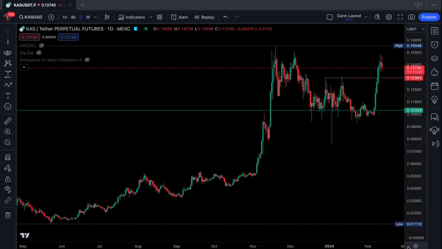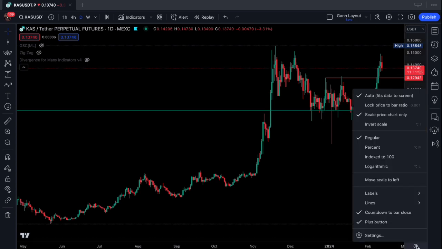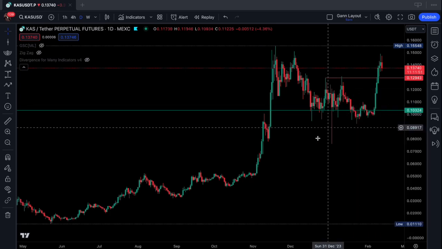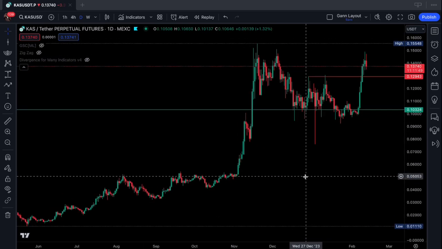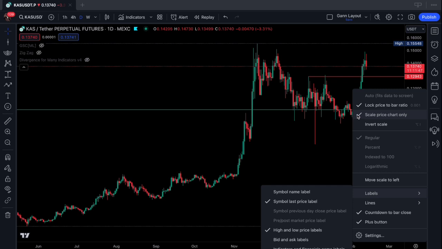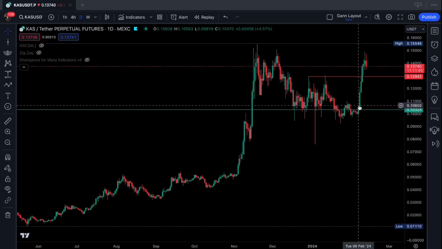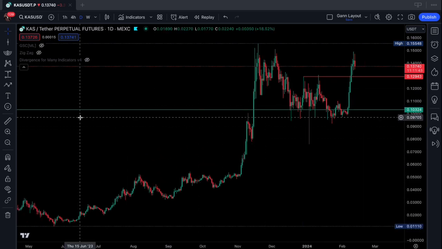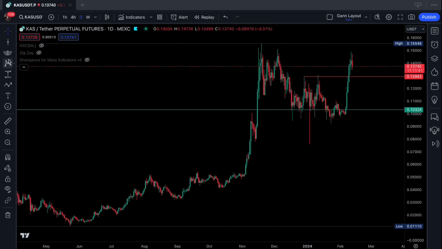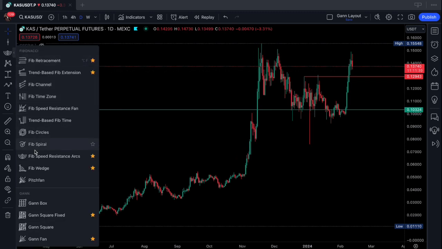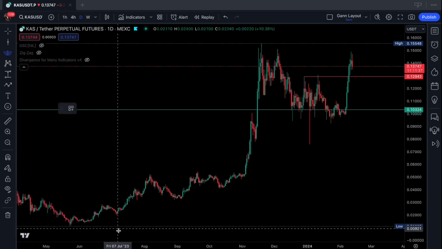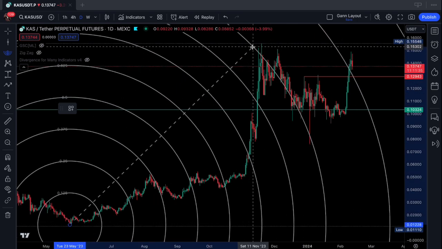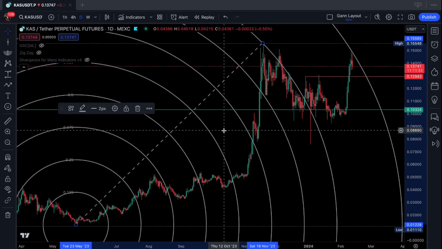But what you must do is move over to your settings and lock price to bar ratio. Why do you need to lock price to bar ratio? I will demonstrate. Let's first uncheck lock price to bar ratio, and let's pull a fib speed resistance arc. It doesn't have to be accurate.